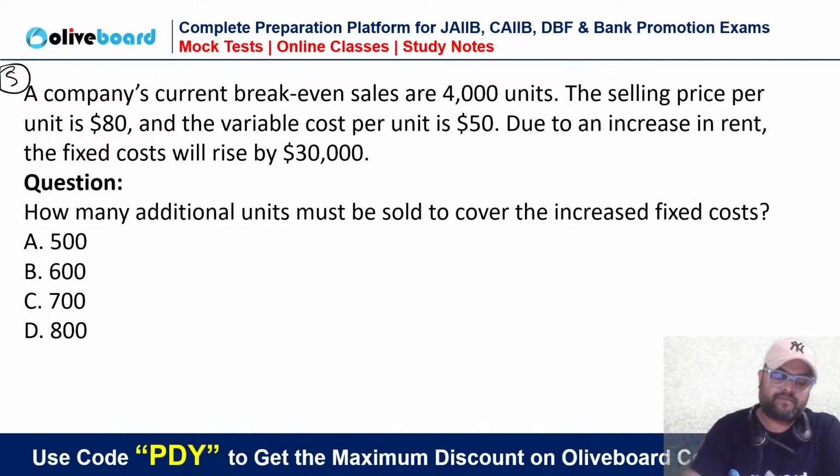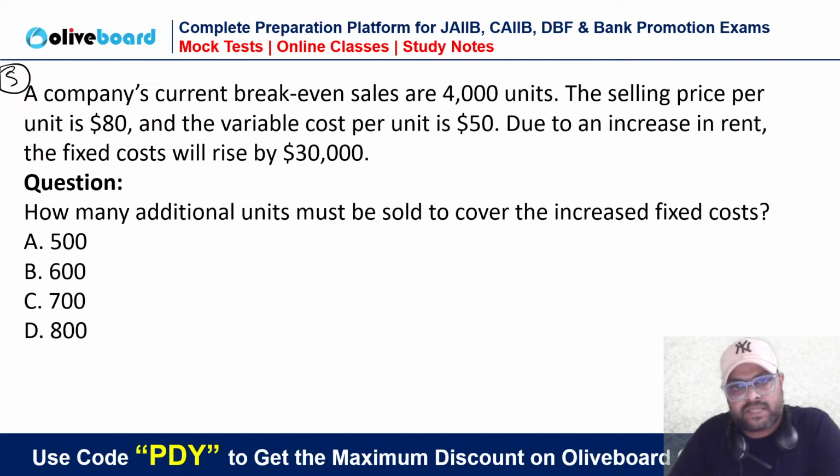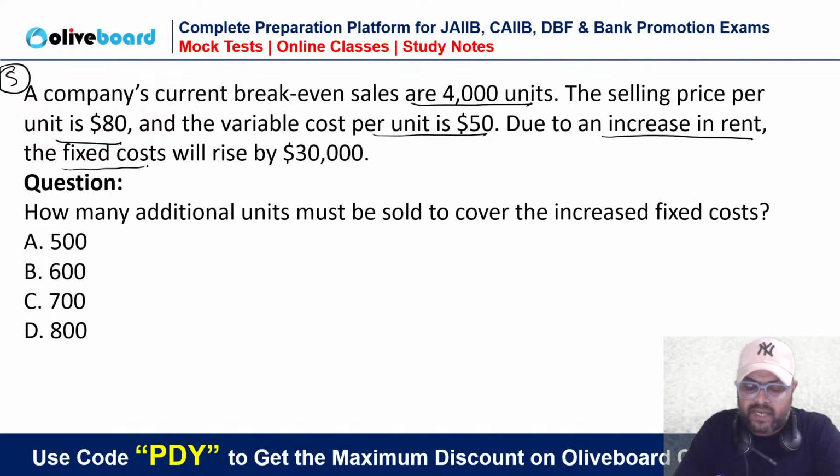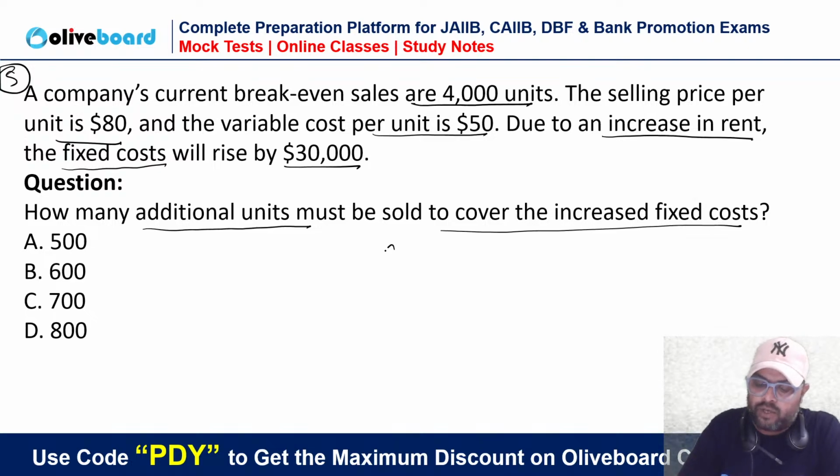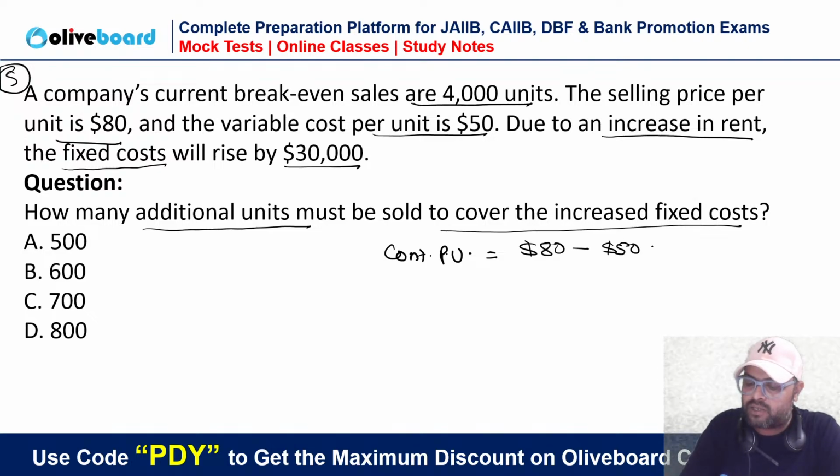Question number 5. Current break-even sales is 4,000 units. Selling price is $80. Variable cost is $50. If due to the increase in rent the fixed cost rises by $30,000, how many additional units does the company have to sell to cover the increased fixed cost? Simple. Your contribution per unit is $80 as your sales and $50 as your variable cost.